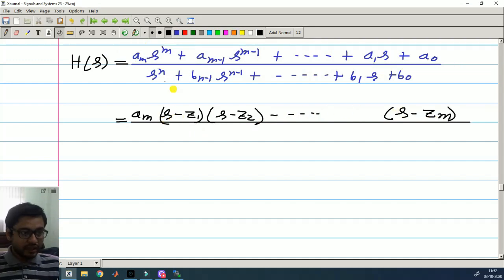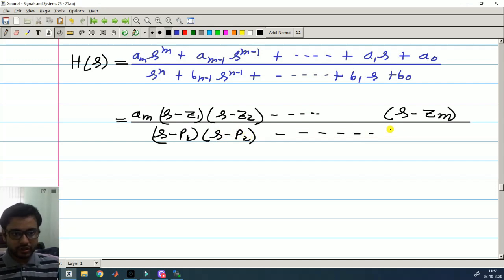In the same way, the denominator can be factorized as (s minus p1)(s minus p2) dot dot dot (s minus pn). We will have n factors because the degree of the denominator is n.